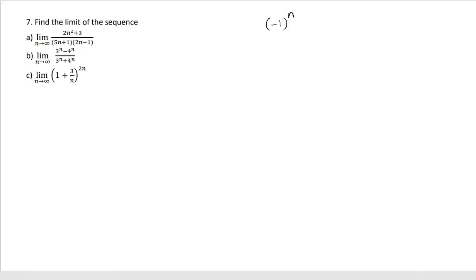In this case, this just makes the numbers alternate between plus and minus. If this is included in, say, something like this, then this makes it alternate. So that's the only time it might be slightly different from doing limits of a sequence and limit of a function. But these are all just the same.